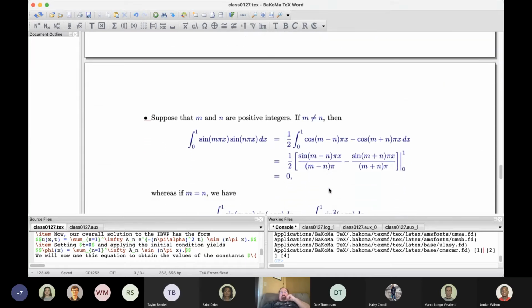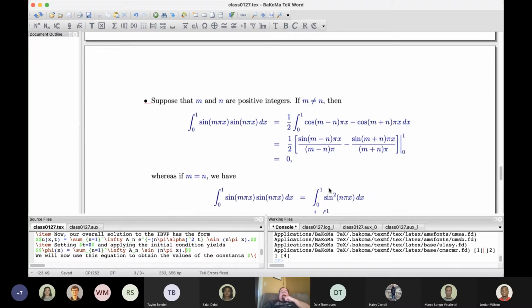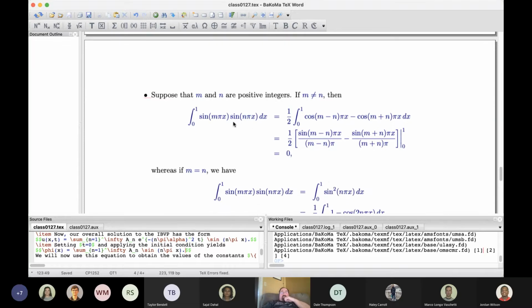We use this very nice property of these functions sine n pi x. If I evaluate this integral, sine of n pi x times sine of m pi x, and we assume that m is not equal to n, and remember, m and n are both positive, so this will be non-zero, and this will be non-zero, so I'm not dividing by 0.